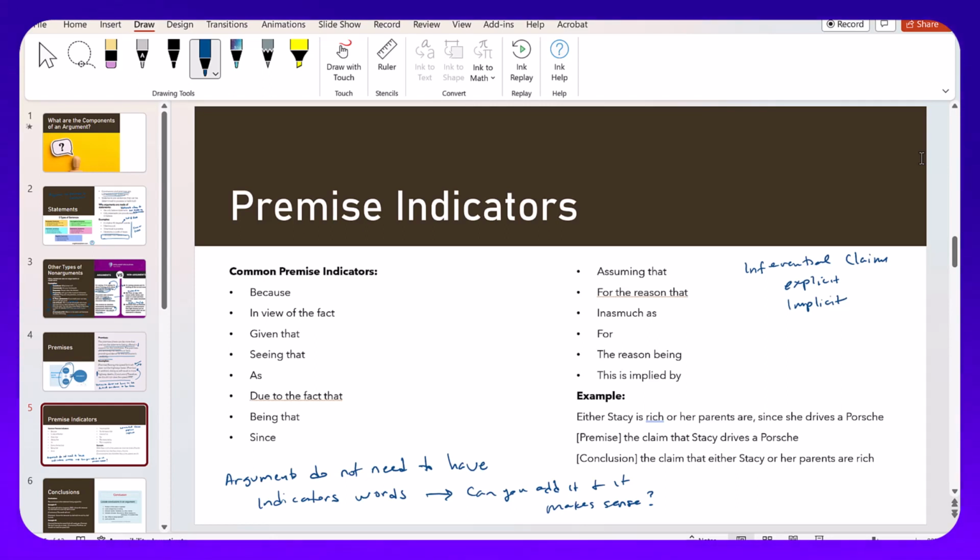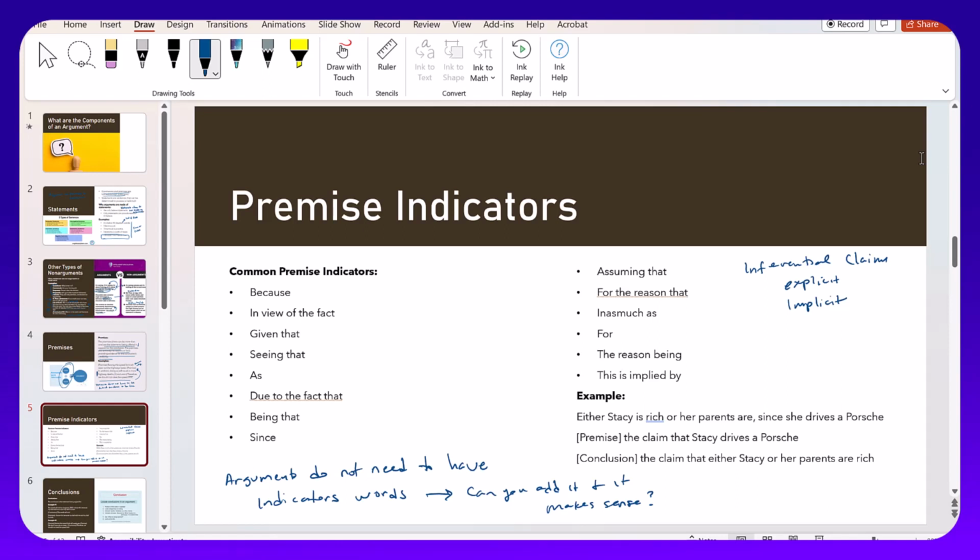If you see these words, it is a good sign that it is an argument. Again, you can't 100% prove just because someone throws in an indicator word that it's actually going to be an argument. It just is more likely to be. And this is a very useful tool to start assessing an argument: looking for these indicator words and then systematically going from there.